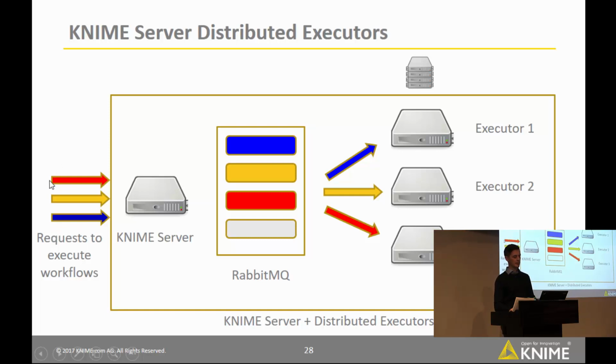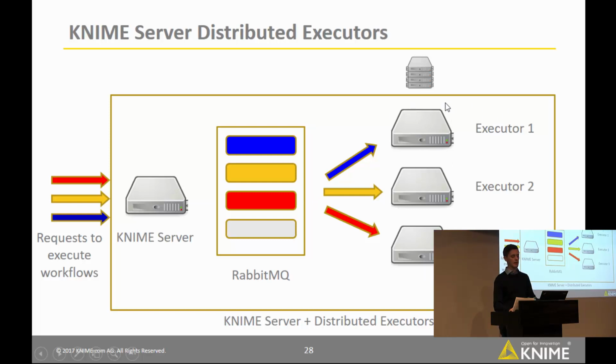So here there's this red one, the yellow one, and the blue one, and they're all asking the KNIME Server to execute a workflow. Beforehand, that's just going to be shared on the KNIME Server, and you may find that if they're all heavy-duty workflows, things slow down a little bit. So you could buy a bigger server to fix that problem. But with the distributed executors, we basically have a queuing system that can distribute these off to remote executors.